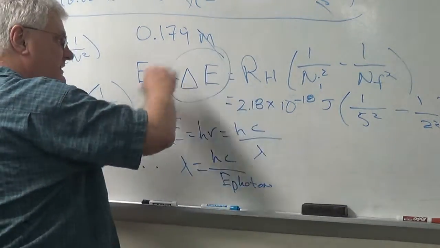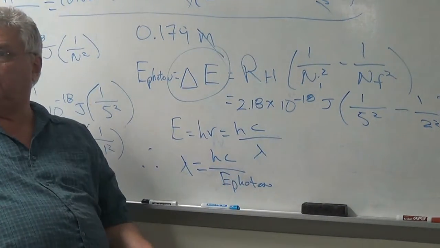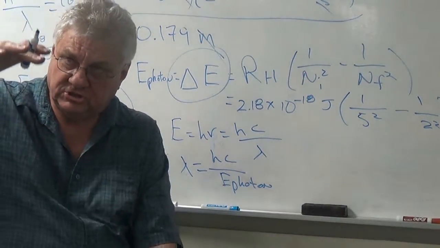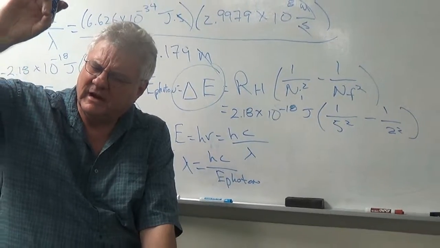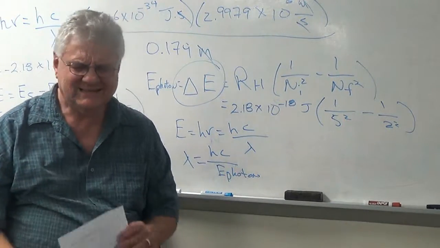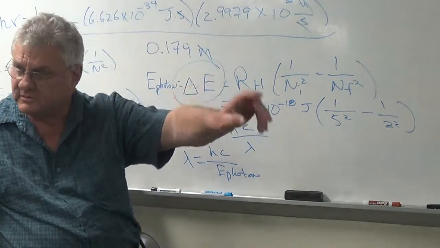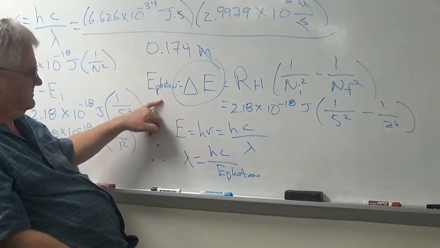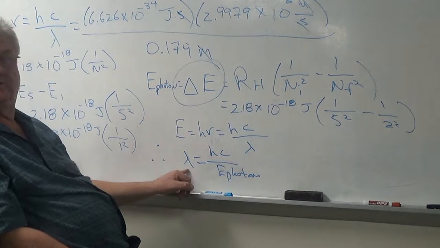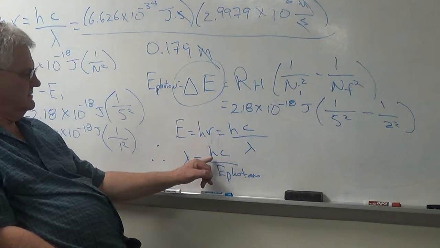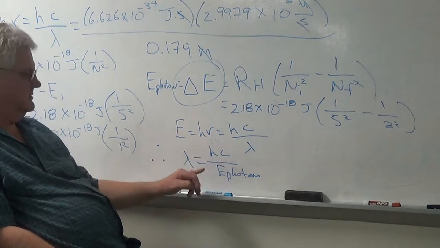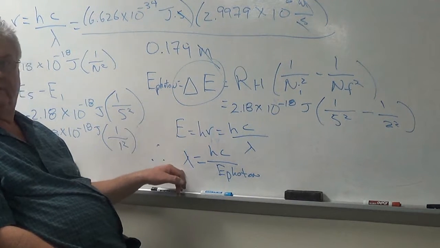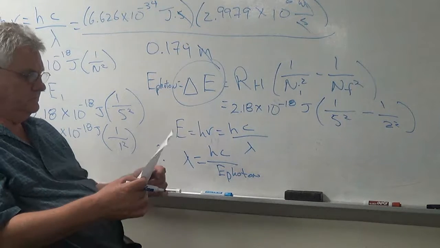And that's what we figured out here above. Don't forget the amount the energy changed when the electron dropped from a higher energy level to a lower one is exactly equal to the energy of the photon it gave off. And once you know the energy of the photon, then you can use this equation, Planck's constant times the speed of light divided by the energy of the photon will give you the wavelength. Okay?